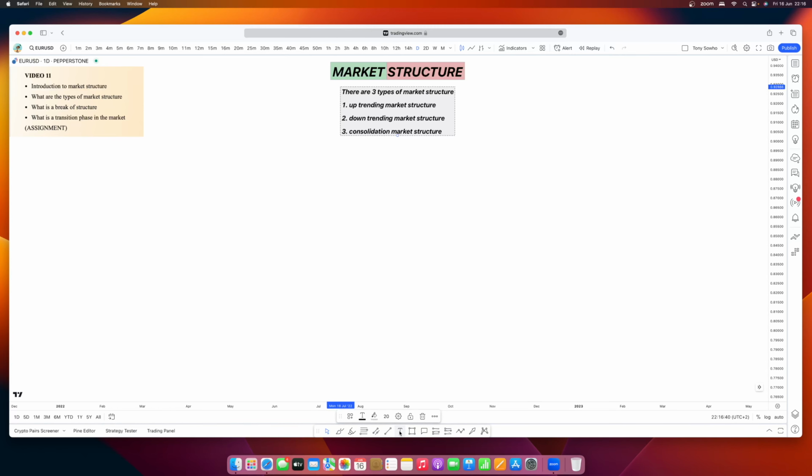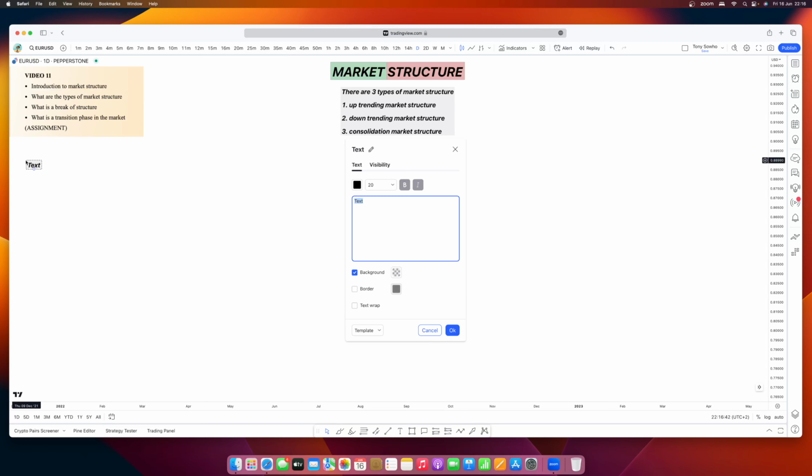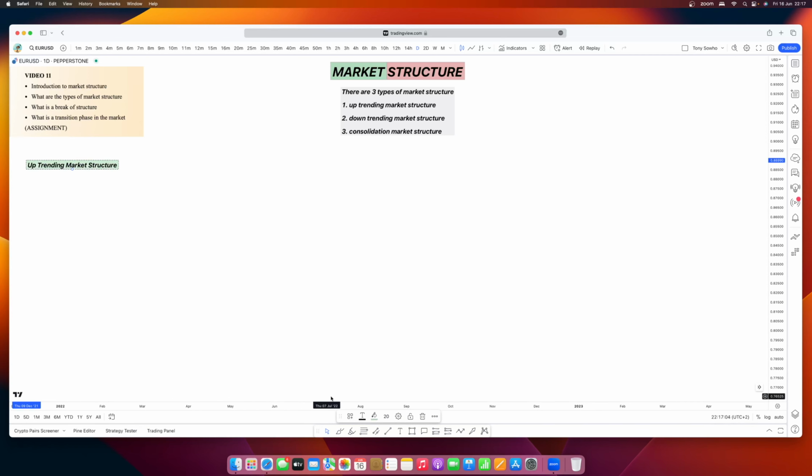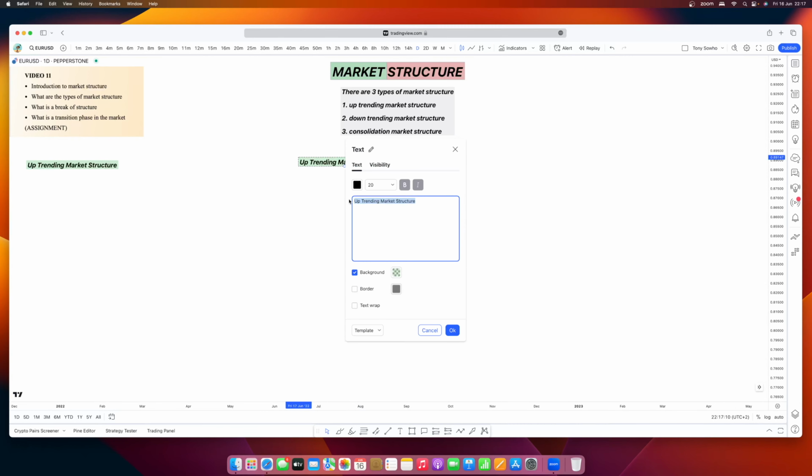So what we're going to do is divide all of this into three. We're going to have this area for the uptrending market structure. We can decide to make this green because it signifies bullishness. And then the second one, which we can say is downtrending, we can signify as red since it's going down.